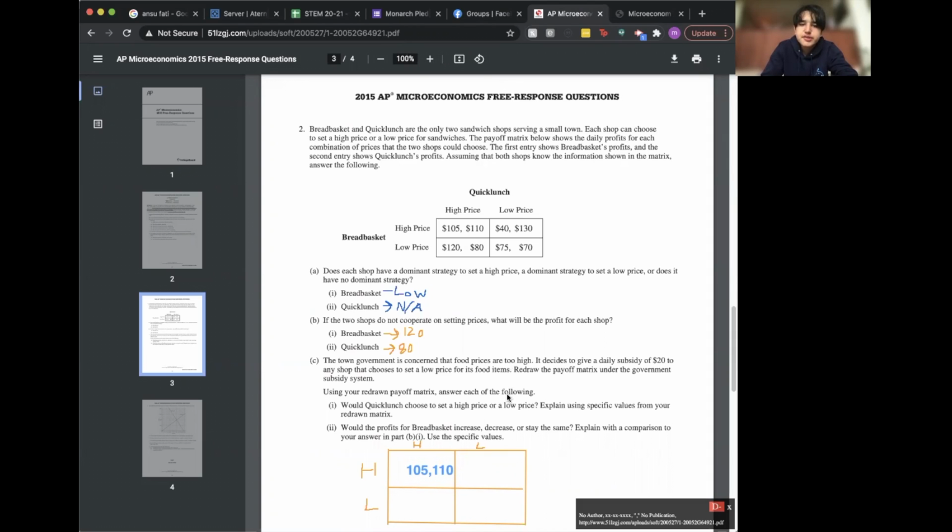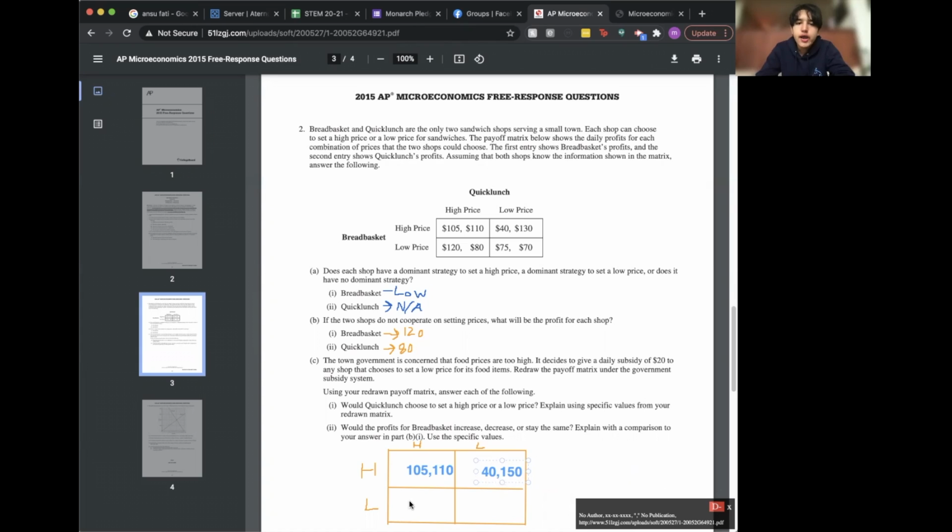For this box, it will be $40 and then $150, because Breadbasket is still going high, but Quick Lunch is going low. So Quick Lunch would earn that $20 subsidy and Breadbasket would not.